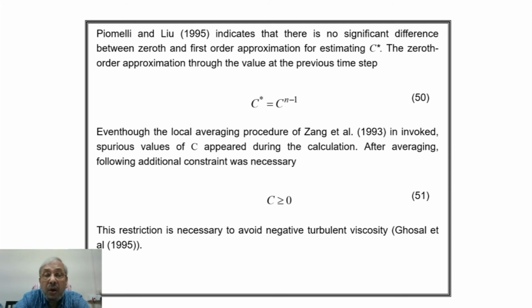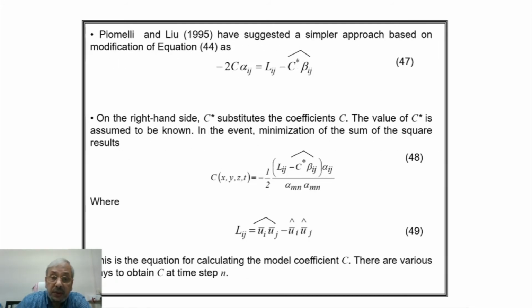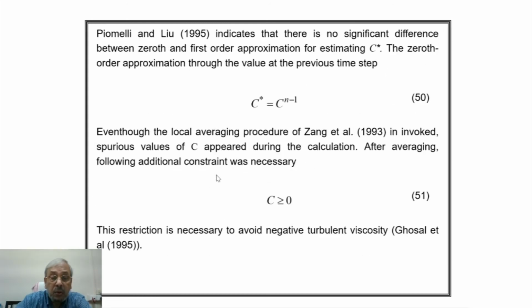So now, having found out C in this way, Zhang recommended finding out some formulae for finding out local average.